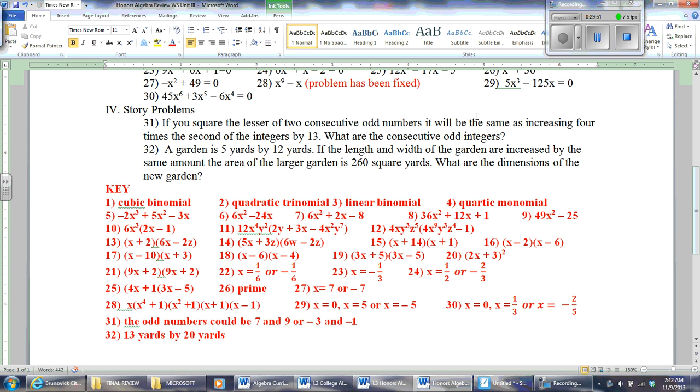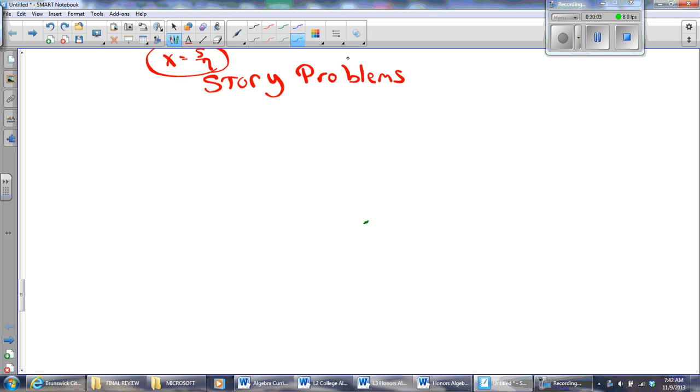sheet. Okay, so problem 31 says if you square the lesser of two consecutive odd numbers, I'm going to stop right there. I need two consecutive odd numbers. Well, the first one, I'm going to let x equal the first consecutive odd integer.